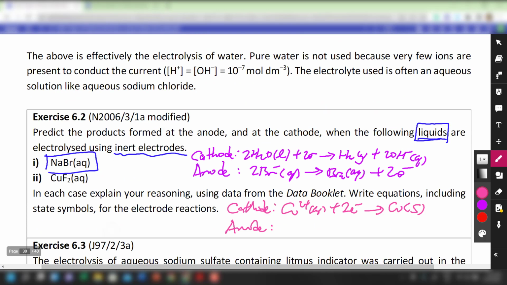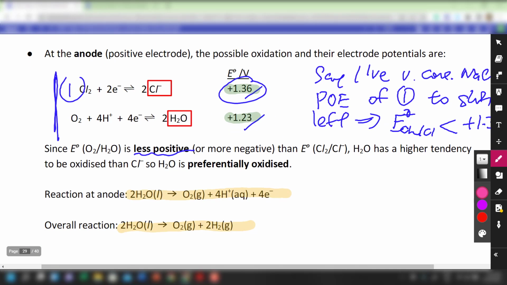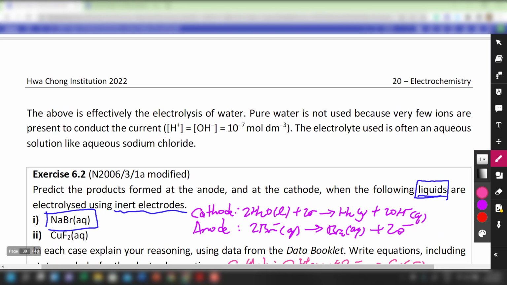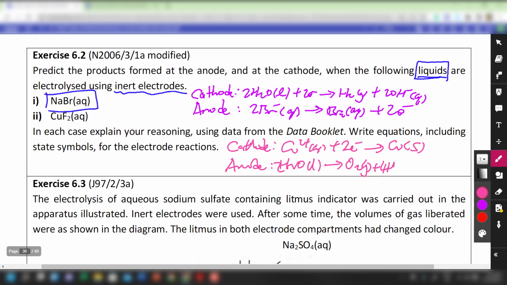Because of that, similar to the sodium chloride example we have here, what's going to happen at the anode will be the oxidation of water to give us oxygen gas. So I'm just going to write it down. H2O liquid will be oxidized to give us oxygen gas plus 4H plus and 4 electrons.